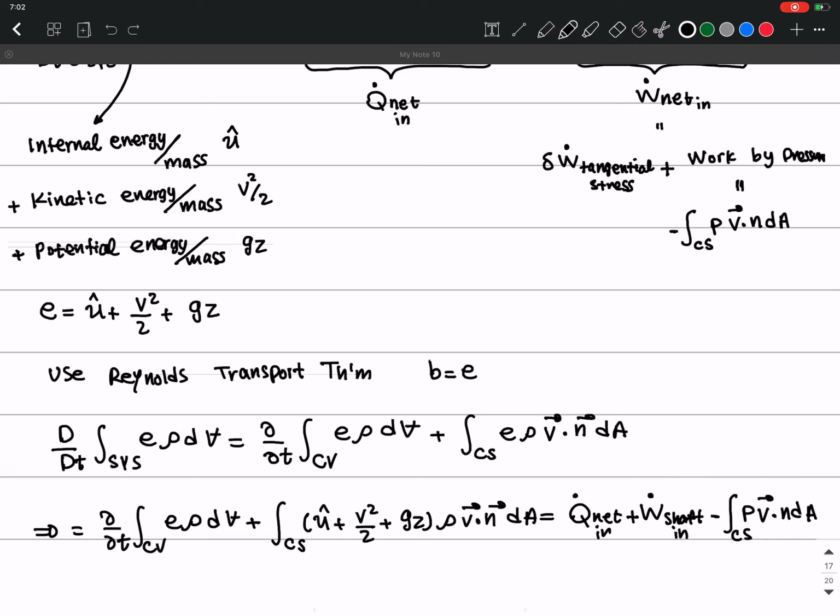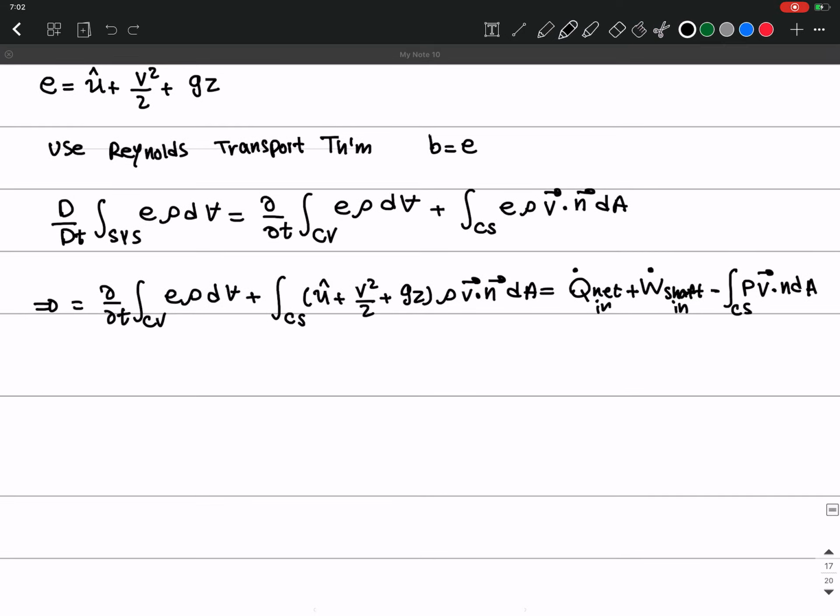And so now that I have this, I can rearrange the terms to get a simpler form. Okay, so let's do that. So this is gonna give me partial over partial t.